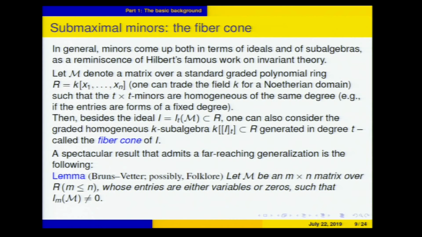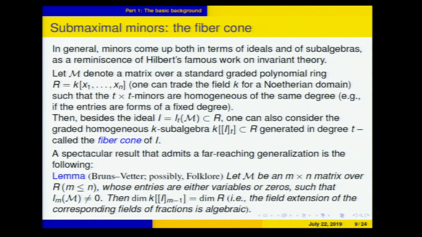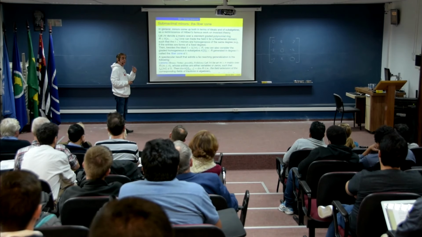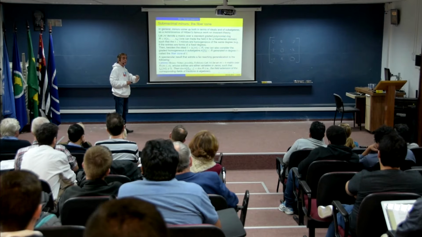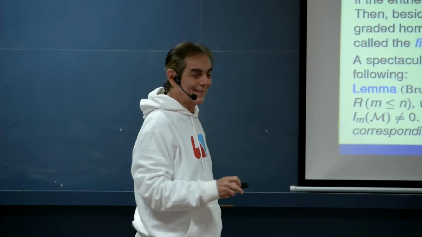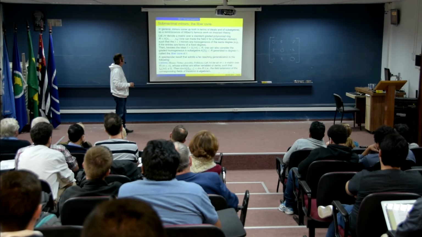We are going to apply this especially in the case where the matrix is square. So I'm saying that the determinant of the matrix is non-zero. Then if you look at the submaximal minors and take this algebra, this fiber cone, it always has maximum dimension of the ring itself. This is half of the dream of any guy that looks at rational maps. This may be birational. It has the right dimension.